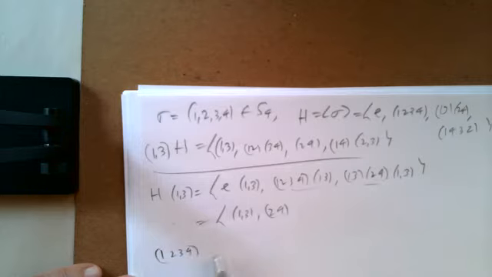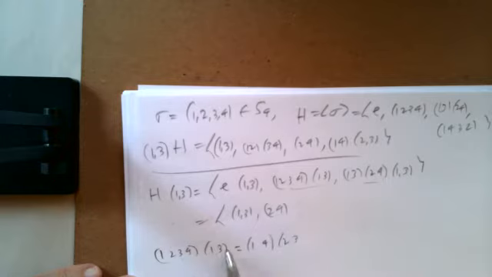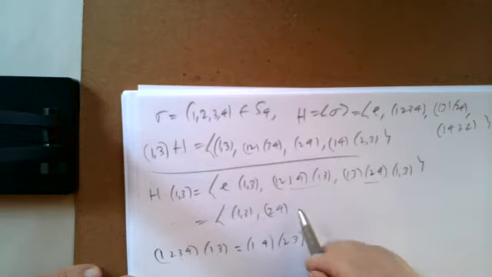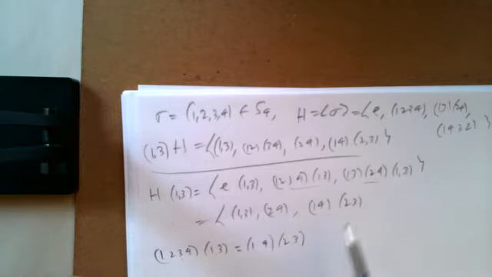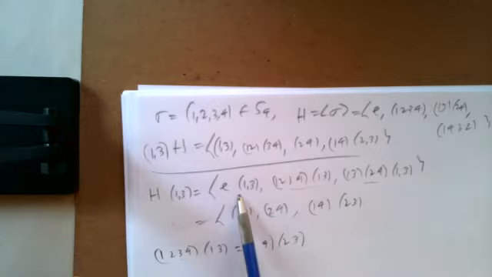(1 2 3 4) times (1 3). This sends 1 to 3 to 4, so 1 goes to 4, and then 4 goes back to 1. 2 goes to 3, 3 goes to 1, goes back to 2. So (1 2 3 4) times (1 3) is (1 4)(2 3).